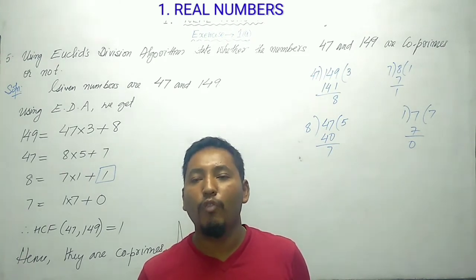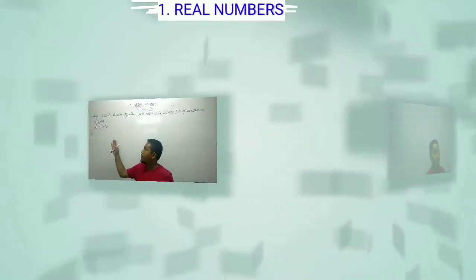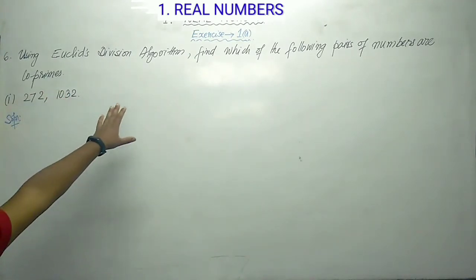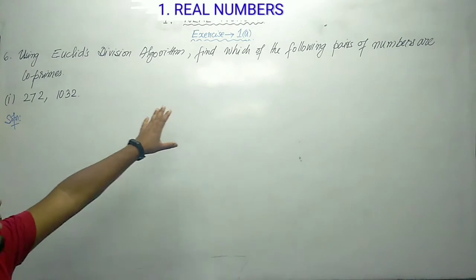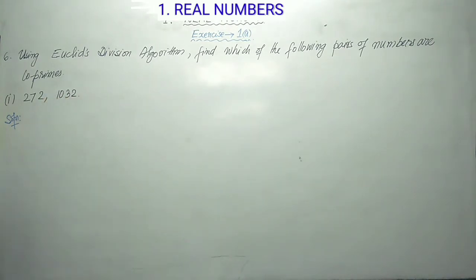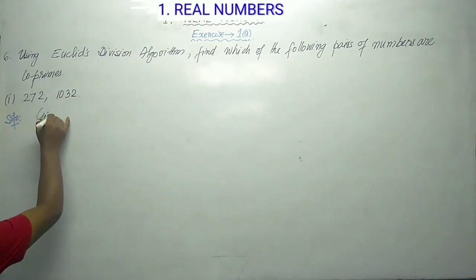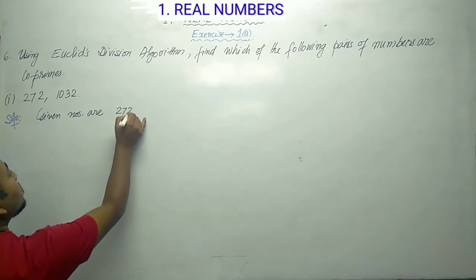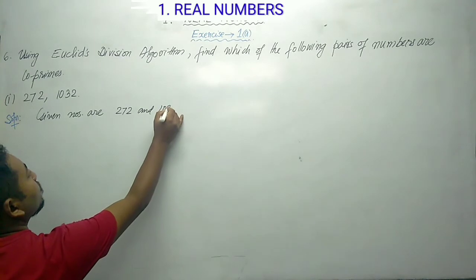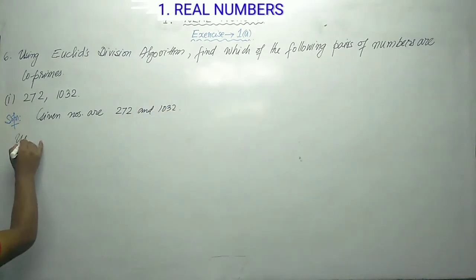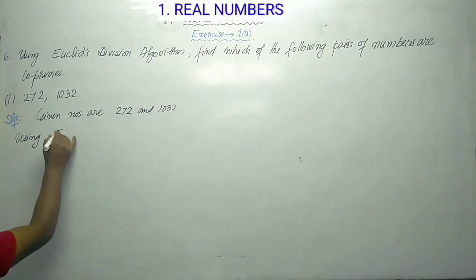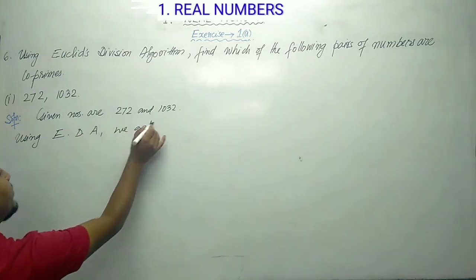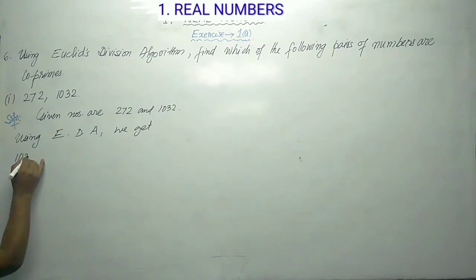Let us go for one more similar type of question. Let us try question number 6, part 1, which says, using Euclid's division, find which of the following pairs of numbers are co-primes. Again, a similar type of question. Given numbers are 272 and 1032. Using Euclid's division algorithm, which is bigger? 1032.